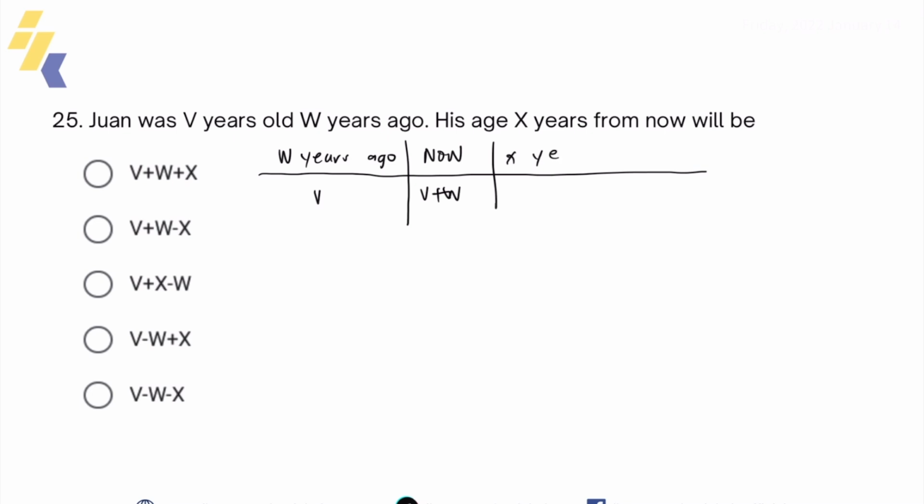And X years from now, he will be V plus W plus X. And that is the first option. Okay, so you only have to think like that. That's simple, but very fast.